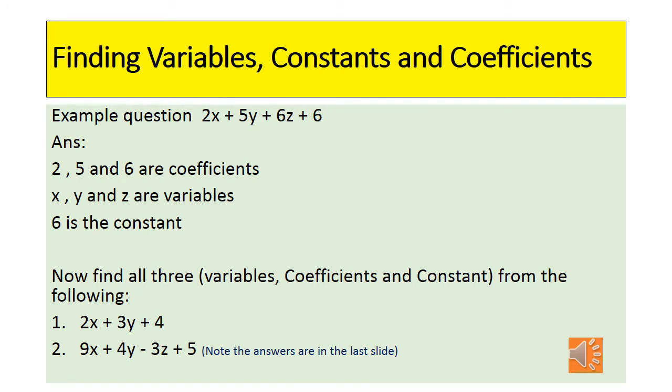So we can say 2 is the coefficient of variable x, 5 is the coefficient of variable y, 6 is the coefficient of variable z, and 6 alone is the constant part of the expression.